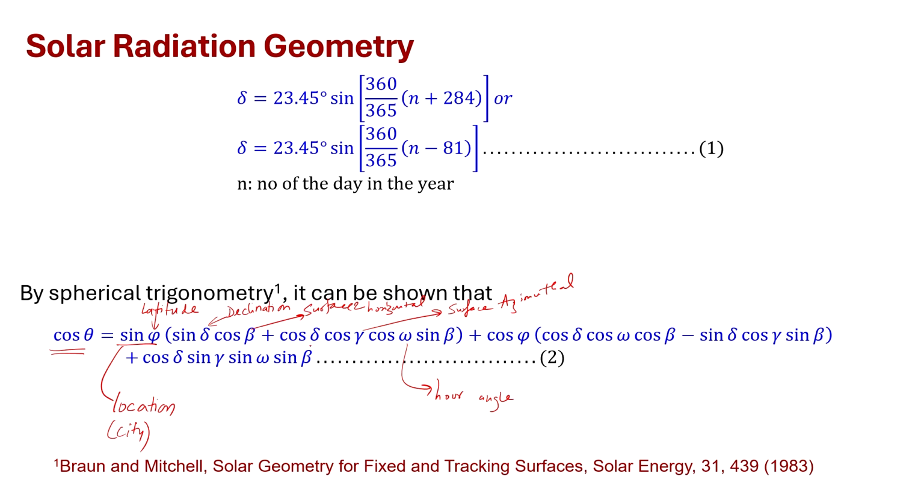So, these two are the position factors, and then the omega angle takes care of the time of the day, because it will also vary as a function of time. So, all these angles which we know can be used to determine what theta is. If we know theta, then we can determine I cos theta. Okay. We still do not know how to determine I, we will see that later on, but we know how to determine cos theta at the moment.